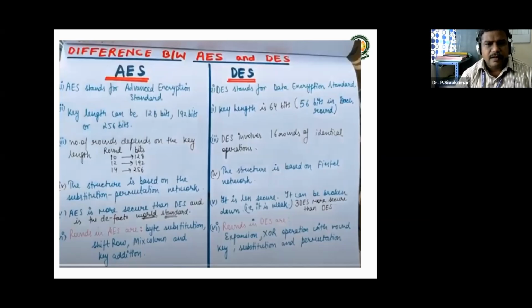How many rounds are used? In AES we normally use 10 rounds; in DES, 16 rounds. Another thing, what structure is used? In AES you can use the SP network structure or an iterative structure, but in DES we use the Feistel network structure.